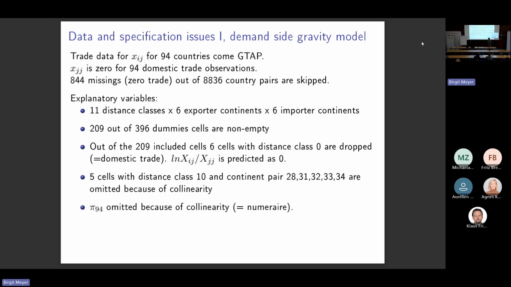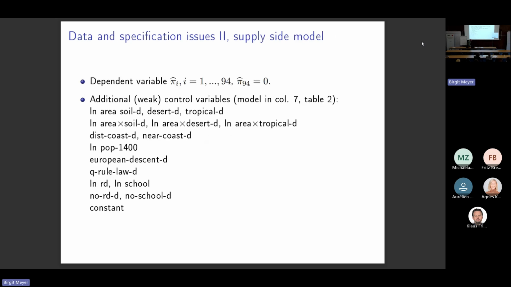And then they have a few cells that are dropped because of collinearity. I still have to sort out what actually happens up here. Then they have the p-hat estimated by OLS, and they go on and say, well, let's look for explanatory variables.